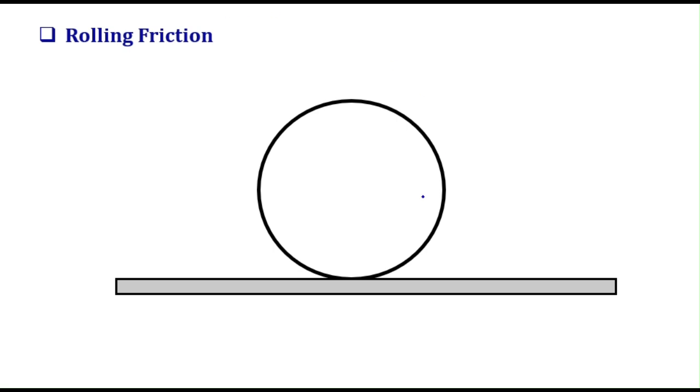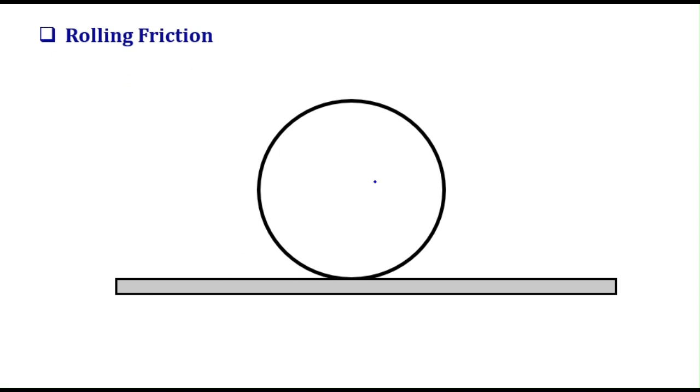So let's take a situation. Let's take this is a body which has spherical periphery, means it may be a rim, it may be a sphere, or it may be a cylindrical body which is rolling over a surface.